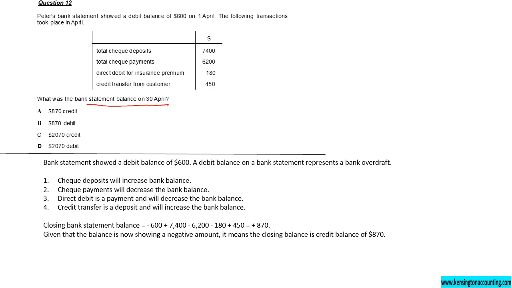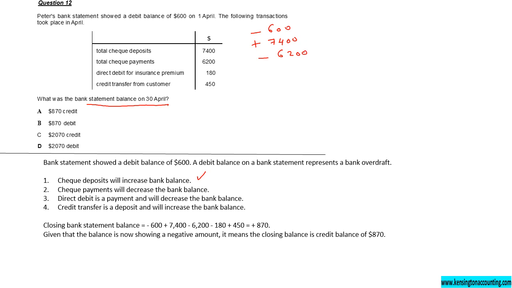First item, it is a check deposit. A check deposit is a positive to the business, and it will increase the bank balance. Therefore, if we start with minus 600, this 7,400 will be an addition to the bank balance. Second item is a check payment. A check payment is an outflow, therefore it will reduce the bank balance.